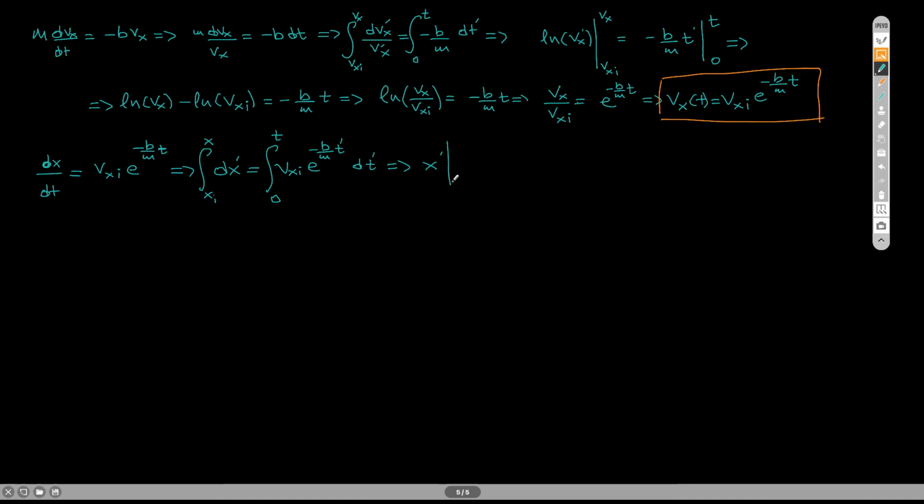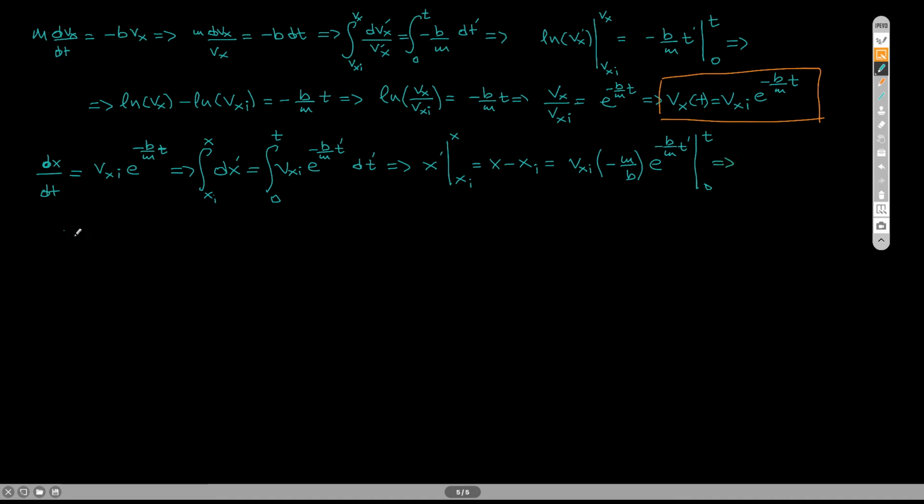X prime will go from x initial to x, and I'm gonna say this is just x minus x initial, and then the right side, Vx initial is a constant, and I need to multiply this with minus m over b e to the minus b over m t prime when time goes from 0 to t.